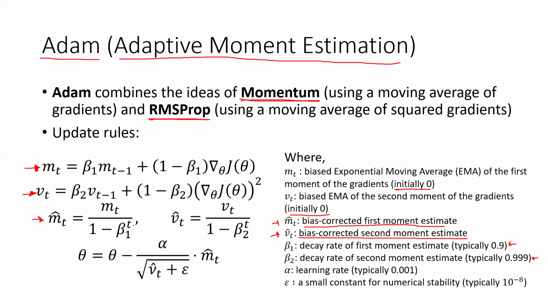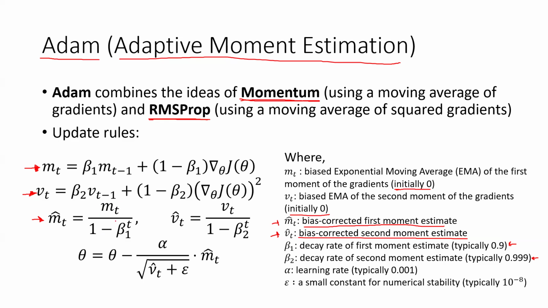If t is very large, say there are many iterations that have passed, like t equals 100, then 0.9 to the power 100 would be a much smaller value. So 1 minus a smaller value would be almost equal to 1, so then the correction would be small.